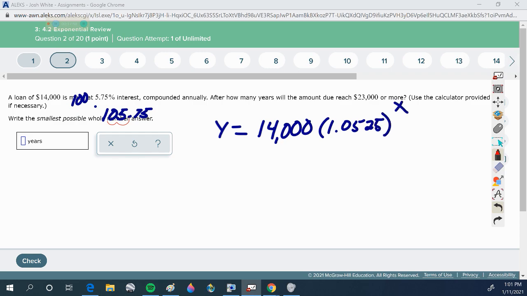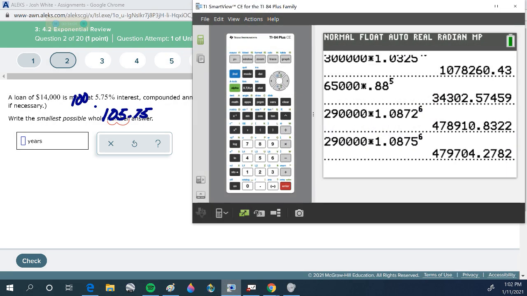And our job is to figure out what x value is it going to take before we break the 23,000 mark. So really the best way to do this is kind of just guess. So we plug it in the calculator.